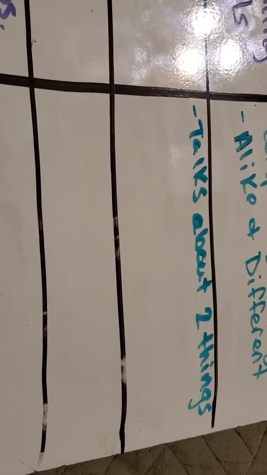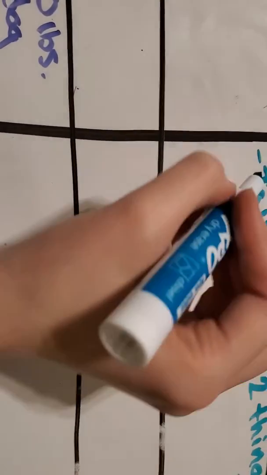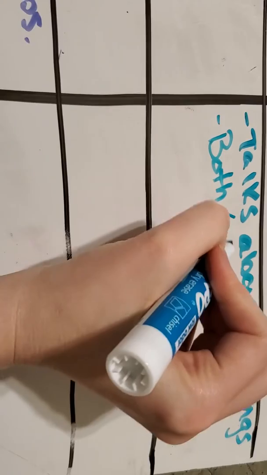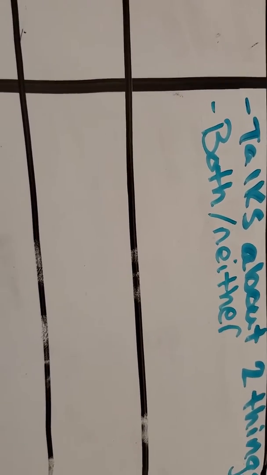Okay, if we're talking about SpongeBob and Squidward, they're comparing and contrasting 9 times out of 10. You could look for the words both, neither. You could look for same, different.